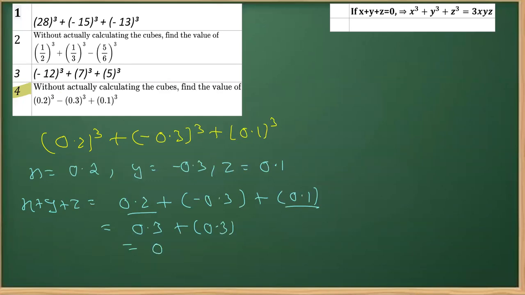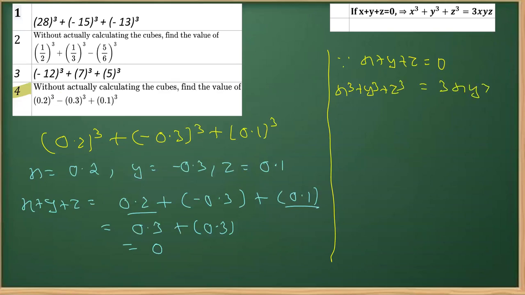Now you have to show that since x plus y plus z is equal to 0, therefore x cube plus y cube plus z cube should be equal to 3xyz. X cube means 0.2 cube, y cube is minus 0.3 cube, and plus 0.1 cube.